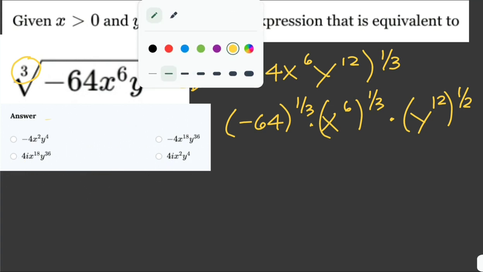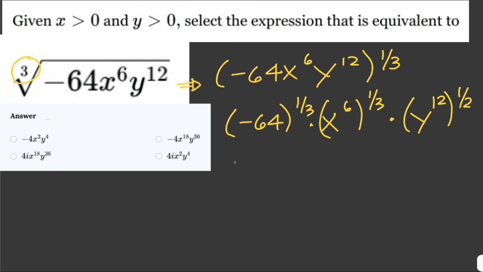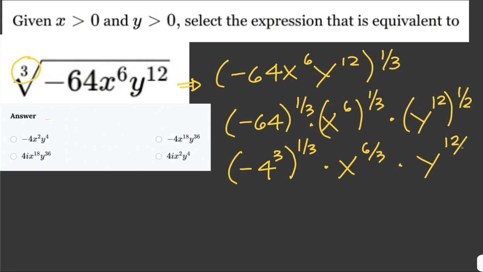We can write negative 64 as negative 4 cubed, to the power of 1/3, because 4 times 4 times 4 is 64, times x to the 6 to the 1/3, which is just 6 over 3, times y to the 12 to the 1/3, which is y to the 12 over 3.